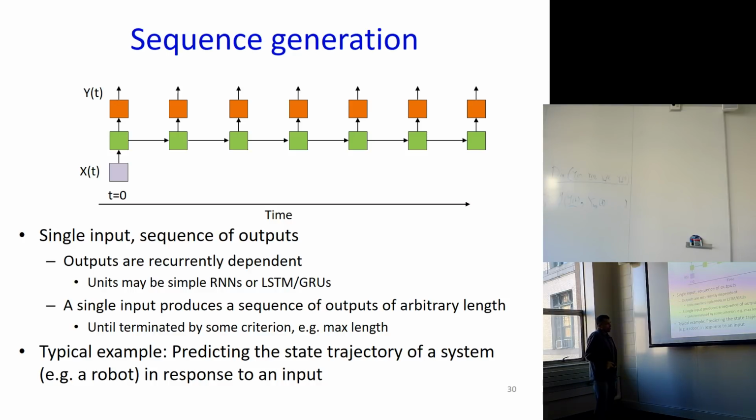It doesn't really matter. So a single input produces an entire sequence of outputs of arbitrary length until it's terminated by some criterion, like an upper limit on the length, or if it produces some symbol which says you must stop producing additional output. So our typical example is predicting the state trajectory of a system in response to an input, right? I'm triggering the system. How is it going to evolve through time?